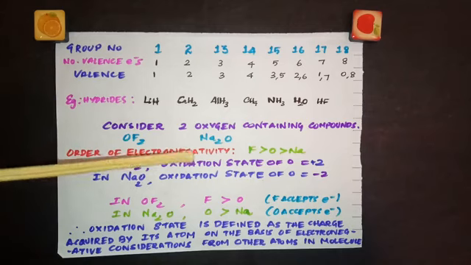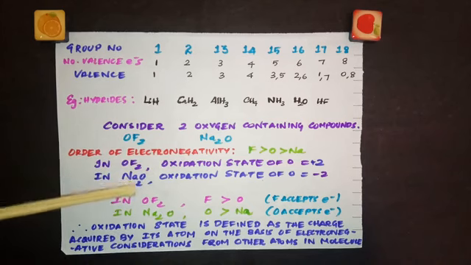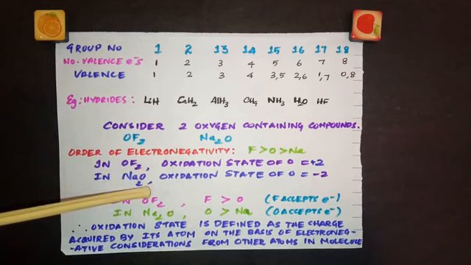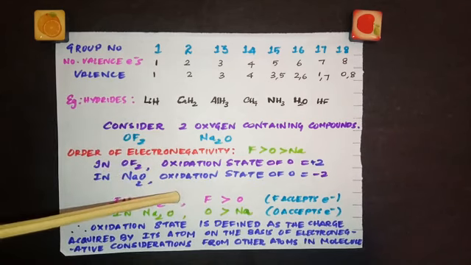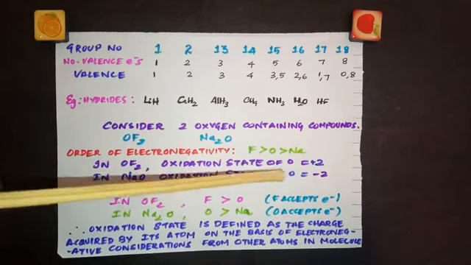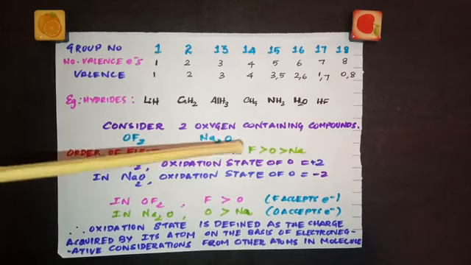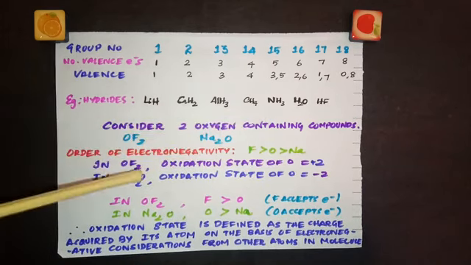So the oxidation state of oxygen in Na2O is -2, because as I told you, oxygen being more electronegative accepts 2 electrons from the sodium, so it is assigned -2. So same oxygen in this compound is assigned an oxidation state of +2, and here it is assigned an oxidation state of -2.